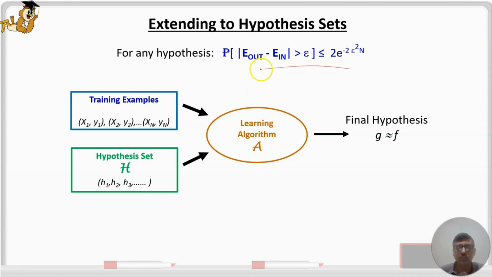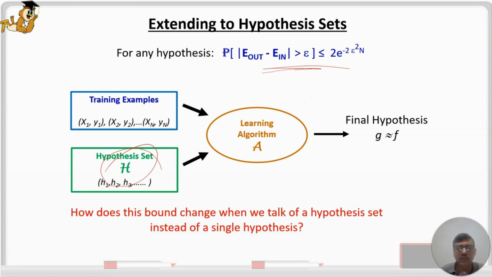However, what we have in our learning problem is not one hypothesis, but a hypothesis set with numerous hypotheses. So the question we need to ask is, how does this bound change when we talk of a hypothesis set instead of a single hypothesis? To repeat, Hoeffding's inequality holds for a hypothesis, but when we are given a hypothesis set instead of one hypothesis, how will this bound change?